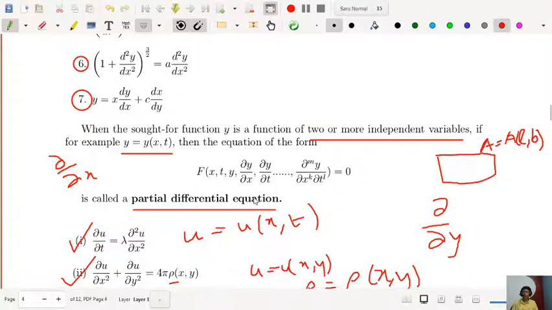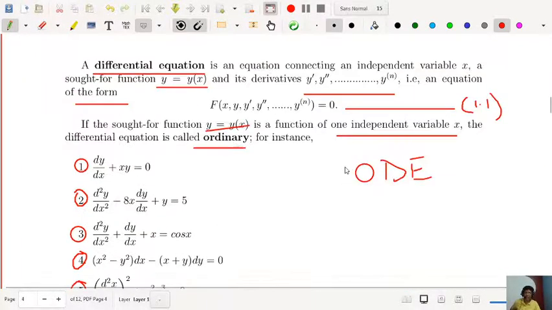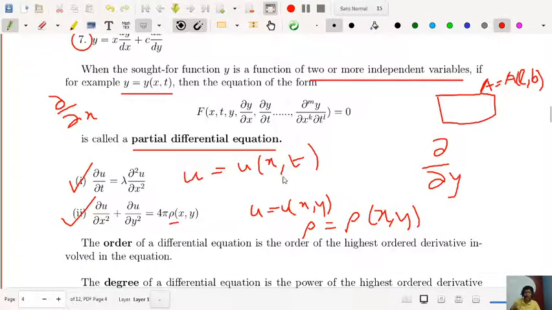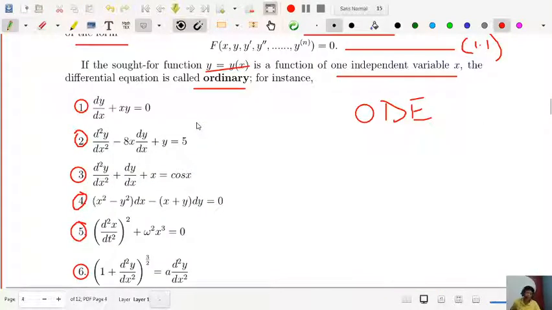The conclusion is that if your differential equation has only one independent variable, it is called an ordinary differential equation, and if more than one independent variable is involved, it is called a partial differential equation.